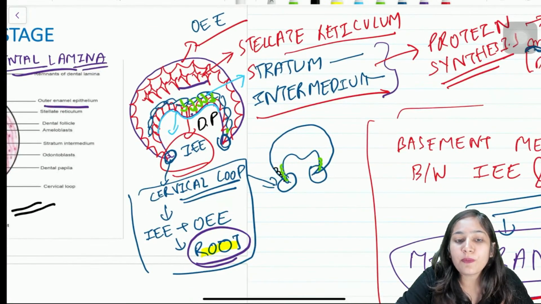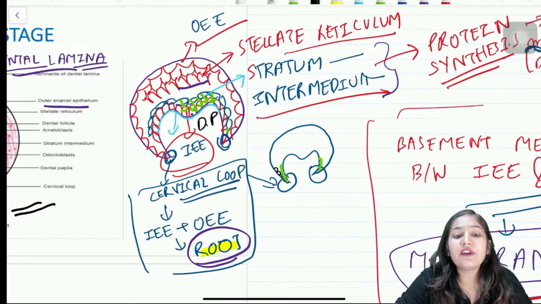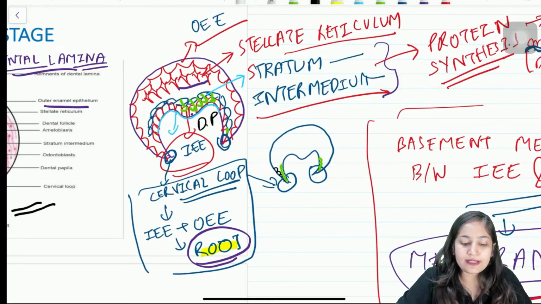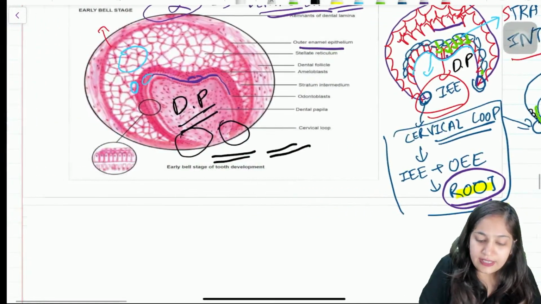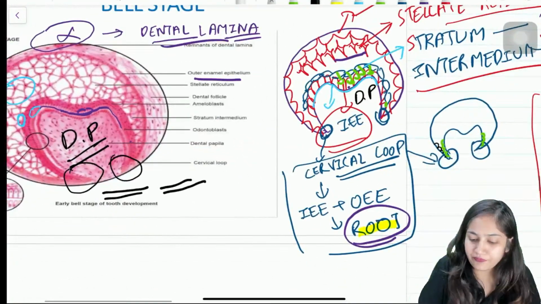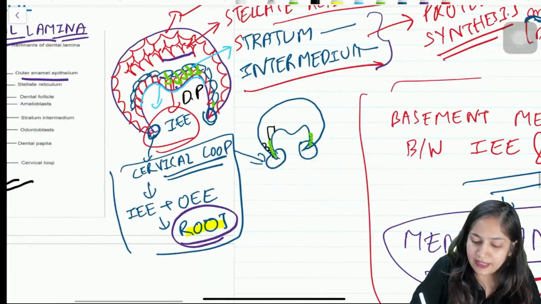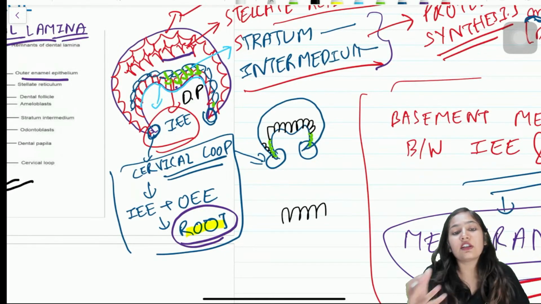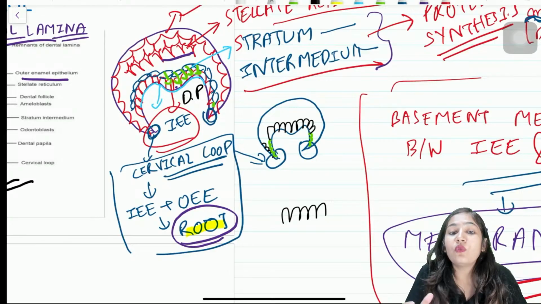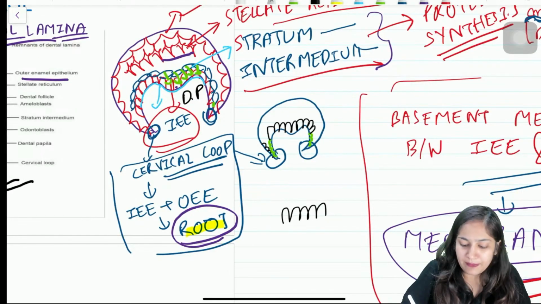One more point remaining is reversal of polarity. What is reversal of polarity? The inner enamel epithelial cells will have reversal of polarity, that is, the nucleus moves away from the basement membrane.